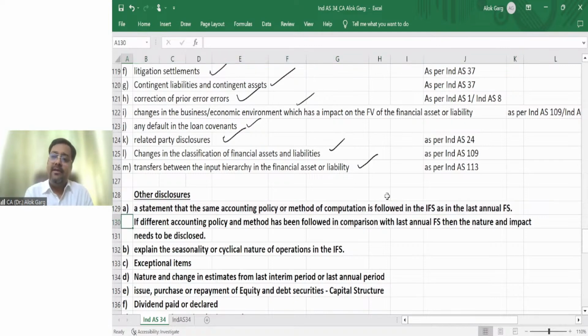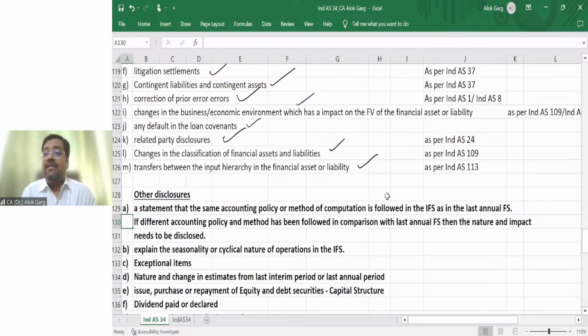But sir, what happens if a different policy and method has been followed in comparison with the last annual financial statement? For example, in the last annual financial statement, we applied the FIFO method of inventory valuation. Now I want to apply the weighted average method, or a new standard came. For example, sir, the lease standard, right?